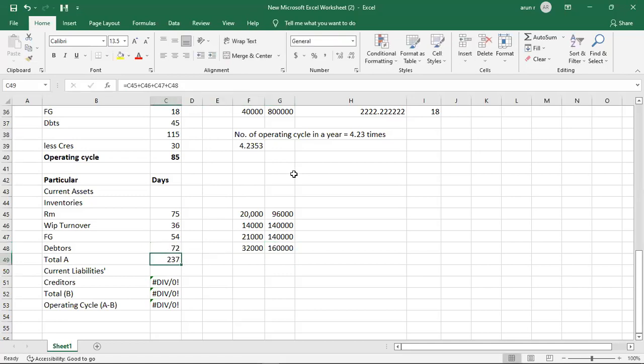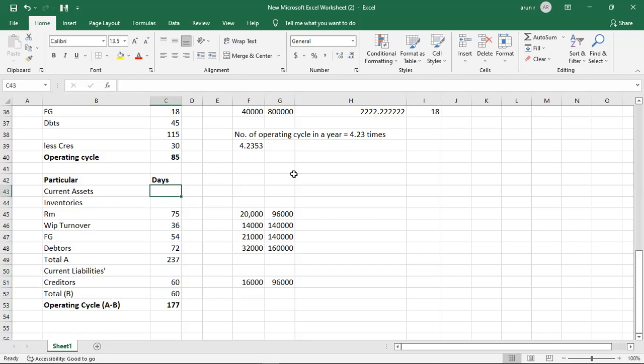The total of current assets is 237 days, and for current liabilities, creditors 16,000 over purchases 96,000. Here for creditors also we take purchases. Total of credit is 60. 237 minus 60 equals 177 days, the operating cycle. This is the simple sum.